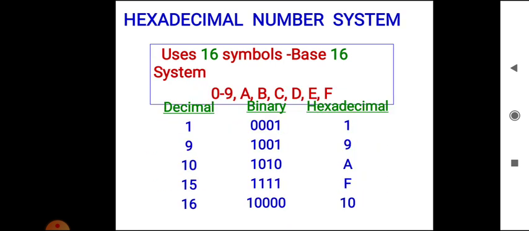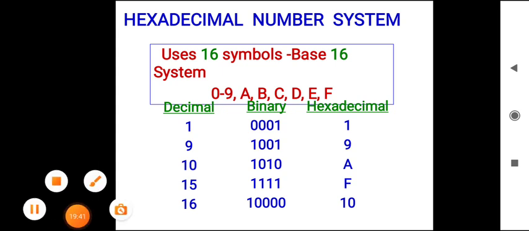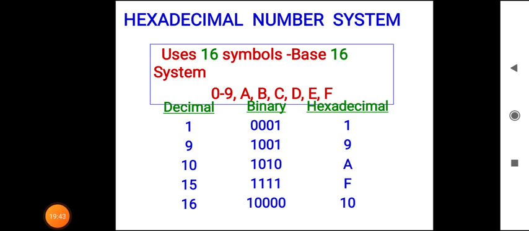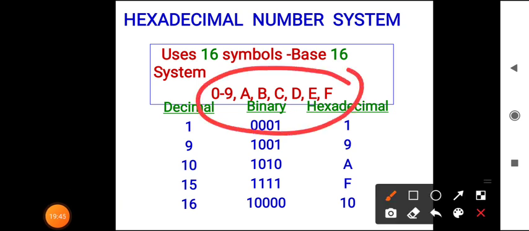We know that hexadecimal uses 16 symbols, that means 0 to 9 and A, B, C, D, E, F. Total 16 symbols we have. That's why it is called the hexadecimal number system.